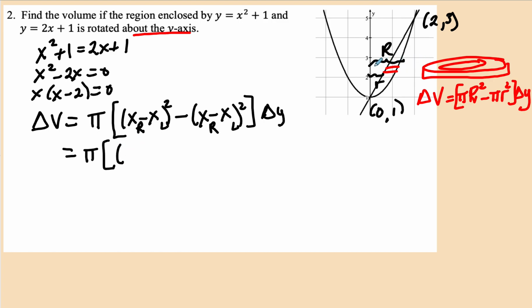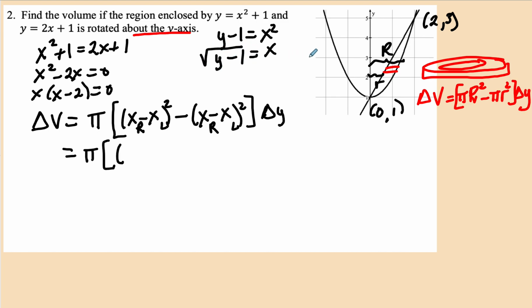Okay, let's go ahead and see if we can substitute these numbers here. The big radius right here, we need to go ahead and solve for x here. So I'm going to do y minus 1 is equal to x squared, and then x will be equal to root y minus 1.